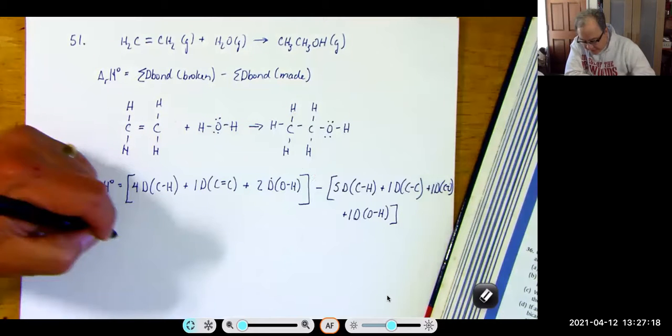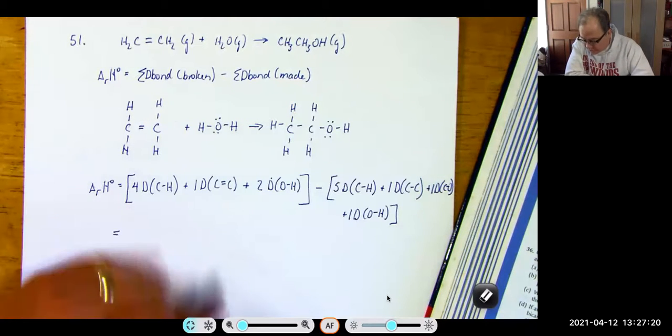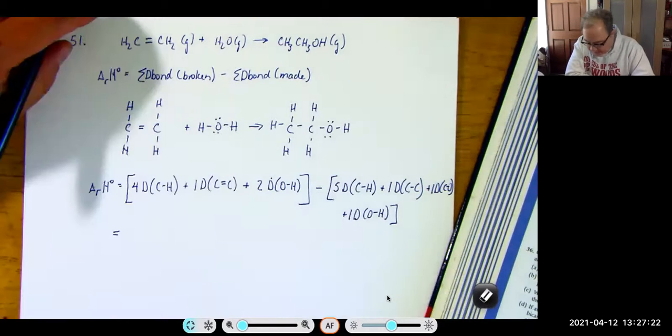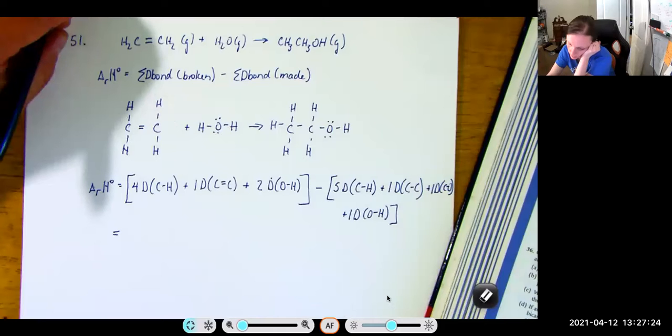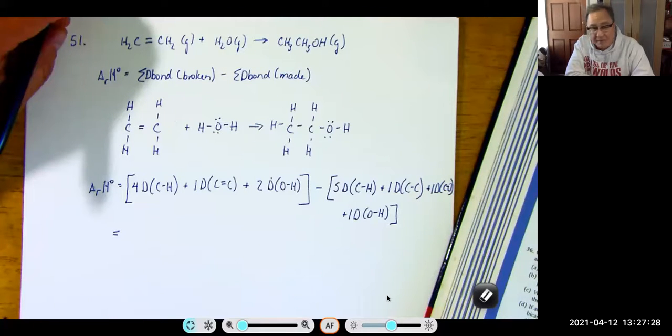And which one of these bond dissociation energies are you supposed to memorize? None. What's that? None of them. Yeah, none of them. You look them up in the book.